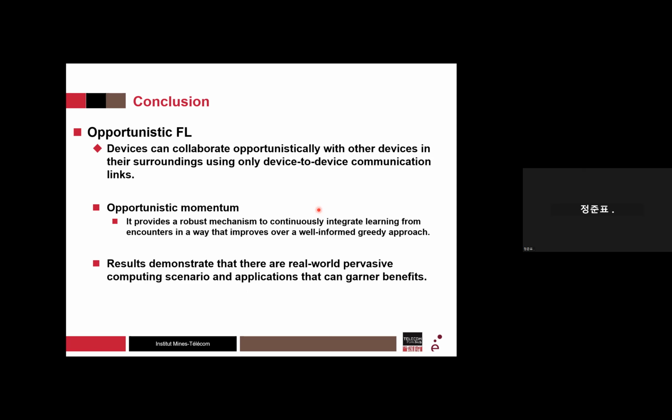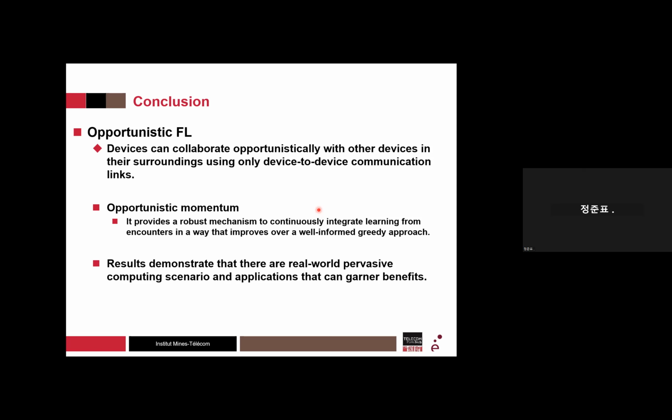Also, the conclusion of opportunistic federated learning is that a device can collaborate opportunistically with other devices in its surroundings using only device-to-device communication links. And they introduced their proposed method called opportunistic momentum.